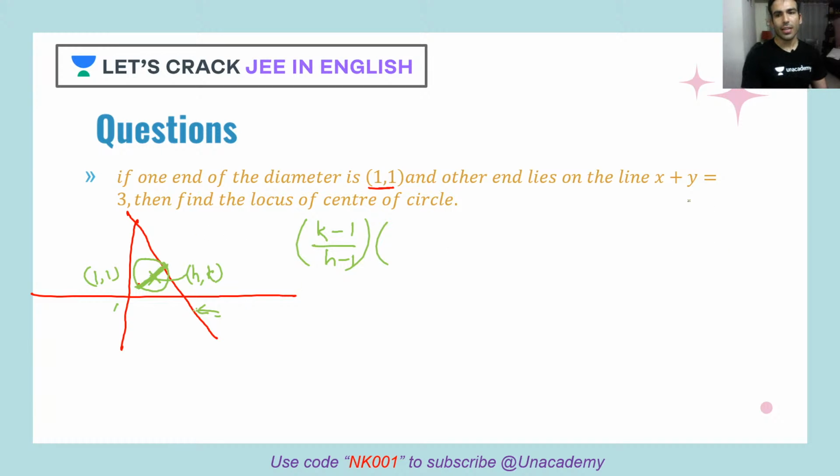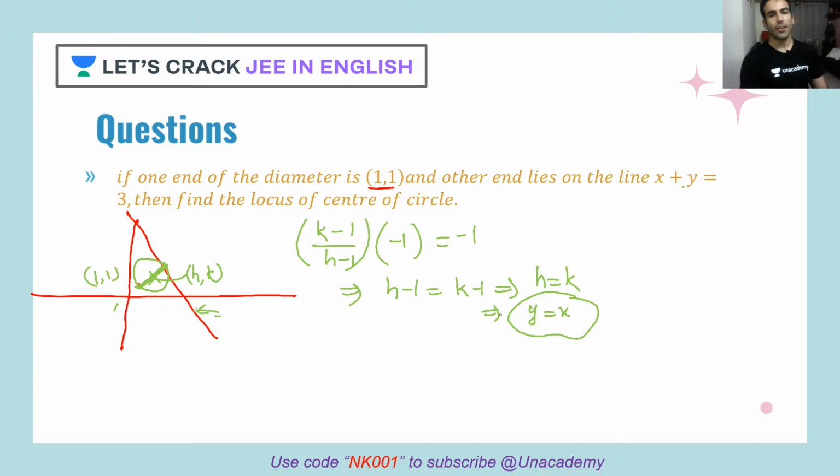The slope of this line is minus 1 already. So minus 1 times this slope is equal to minus 1, and what do I get? h minus 1 is equal to k minus 1. So h is equal to k, that means y is equal to x. This line will be the locus of the center of this circle. Got it? I hope everything is clear. If you have any doubt, you're free to ask.